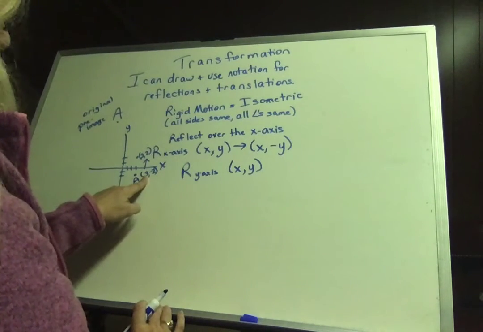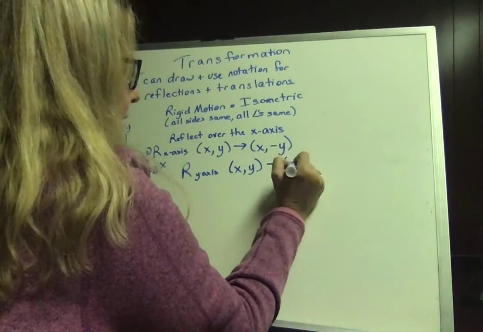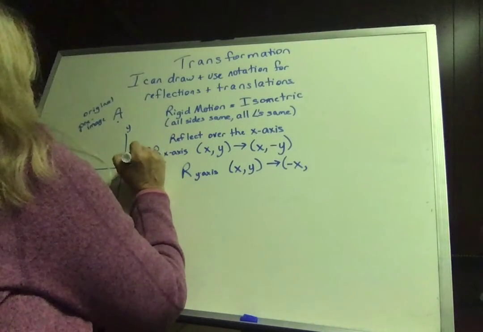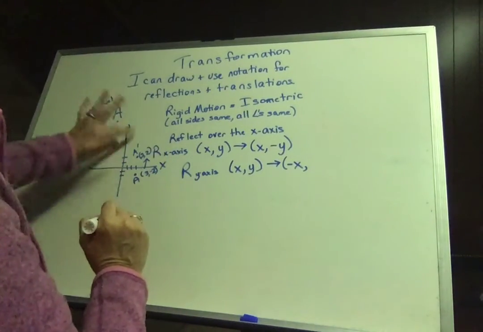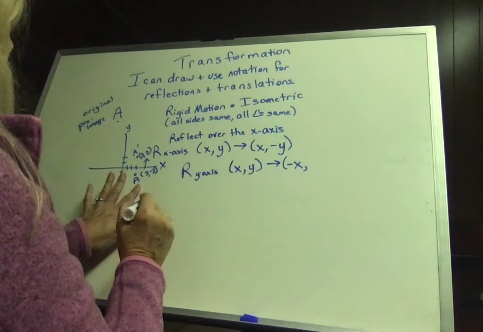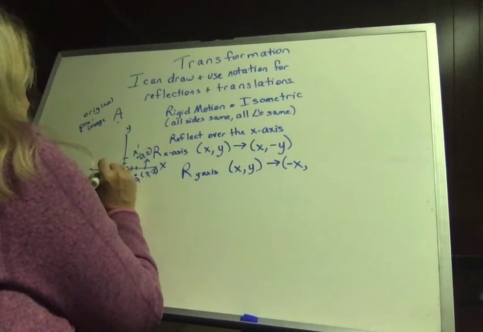So no longer is it 3, but it's opposite of 3. A prime was our first one. Now we're doing A, and it's 3, negative 2.